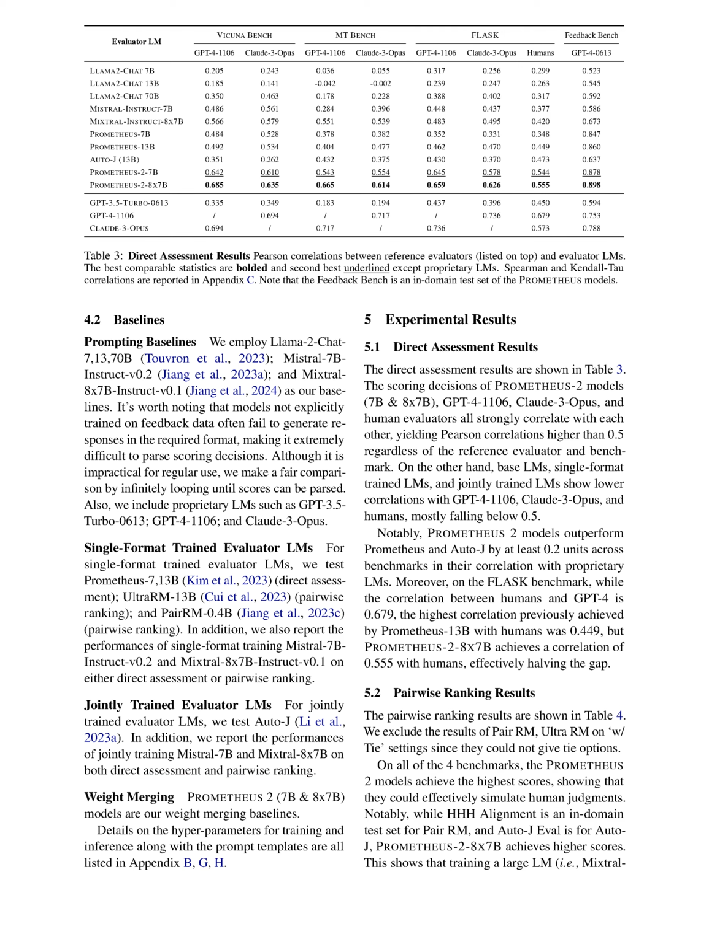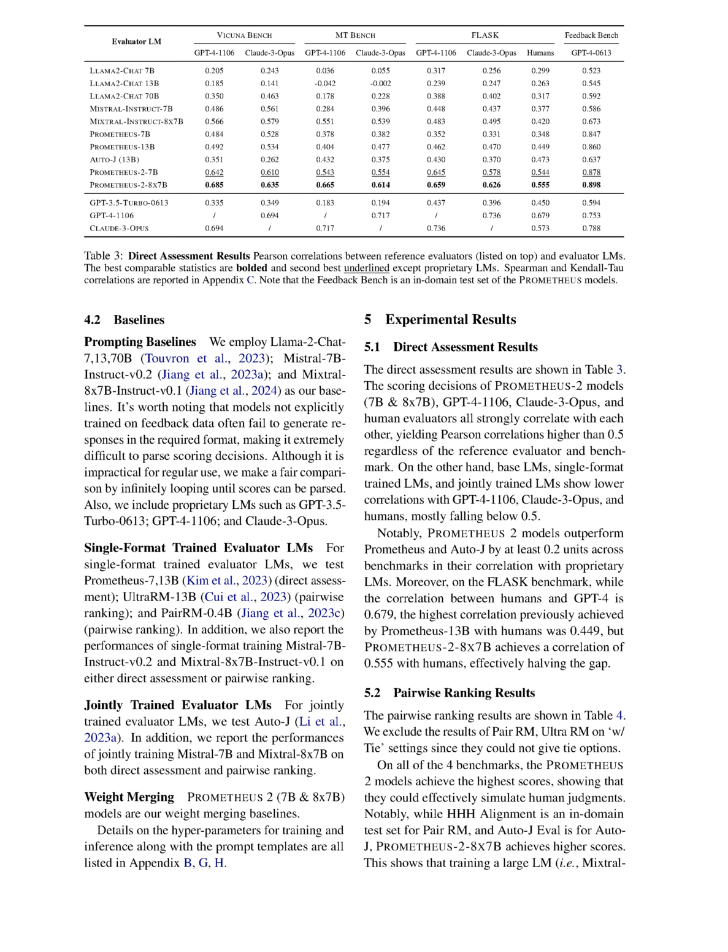Section Summary. In this section, we detail our experimental setup for evaluating evaluator LMs by explaining the benchmarks, metrics used, and the baselines employed. We utilize various benchmarks like Vicuña Bench, MT Bench, Flask, and Feedback Bench, each with specific test prompts, score rubrics, and responses from different LMs.